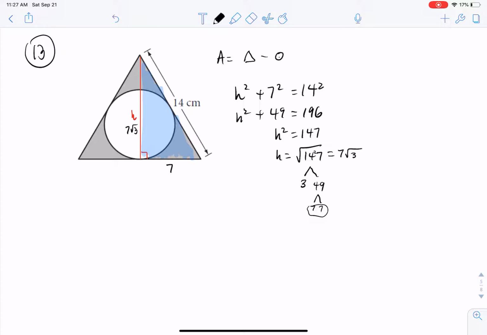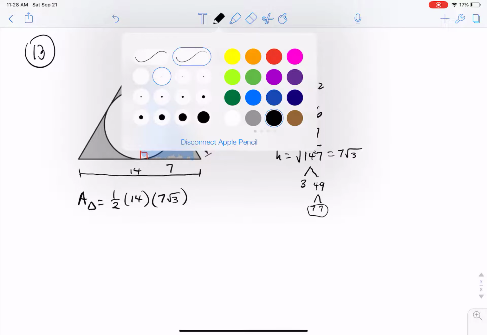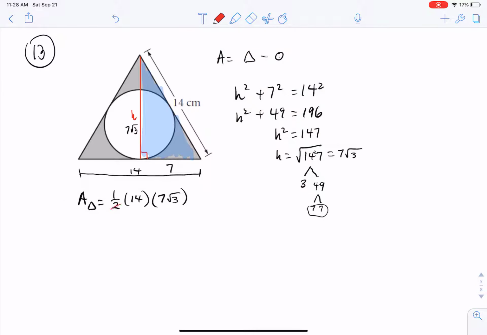For the area of the triangle then, the equilateral triangle, 1/2 the base length, the whole entire base is still 14, times my height, which we just discovered was 7 square root of 3. Okay, and I can do some canceling out here. This 2 and this 14 leave a 7 behind.